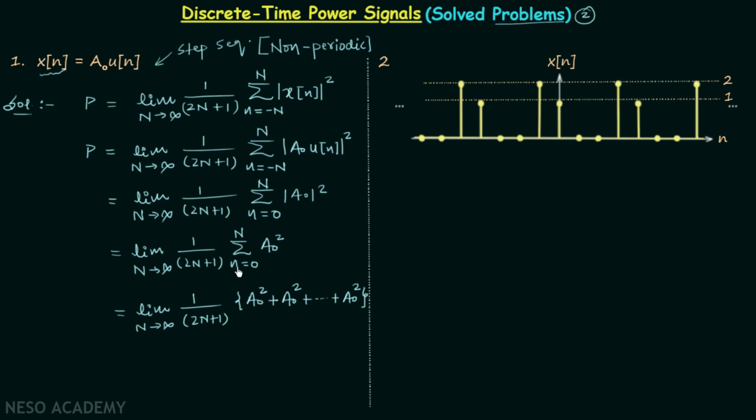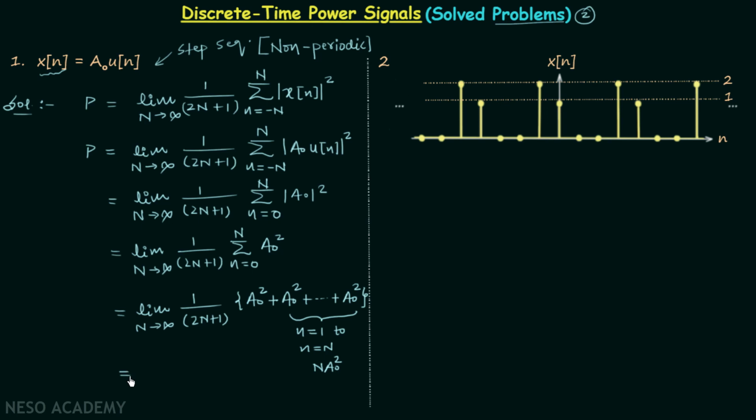Now it is clear that we will have a0 square added n times when n is equal to 1 to n is equal to n. So we can say that from here we are getting n times a0 square. So finally we are having a0 square plus n times a0 square, which we can write as a0 square inside the bracket 1 plus n.